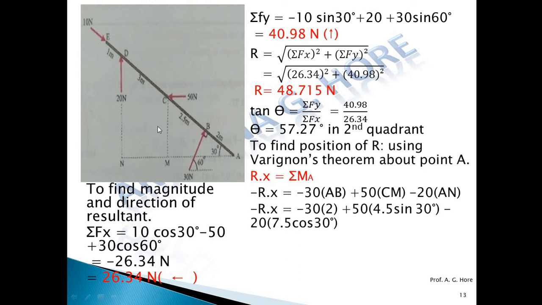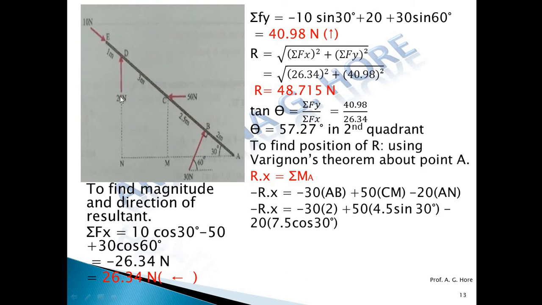In a right angle triangle, to find the opposite side, apply h sin theta, where h is the hypotenuse. So Cm is equal to h sin theta, and h is 4.5. So for this 50 Newton force, Cm is 4.5 sin 30.